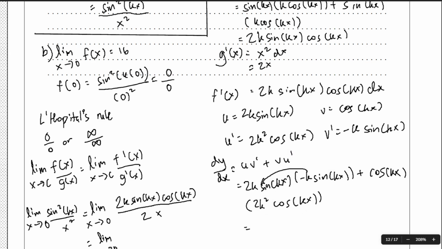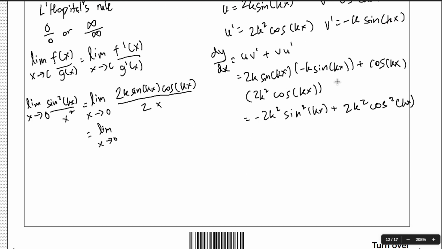We can combine these k's together, so it would be minus 2k squared sine squared kx, because there are two sine kx's here. And here we just multiply our cos kx together, which would be plus 2k squared cos squared kx.